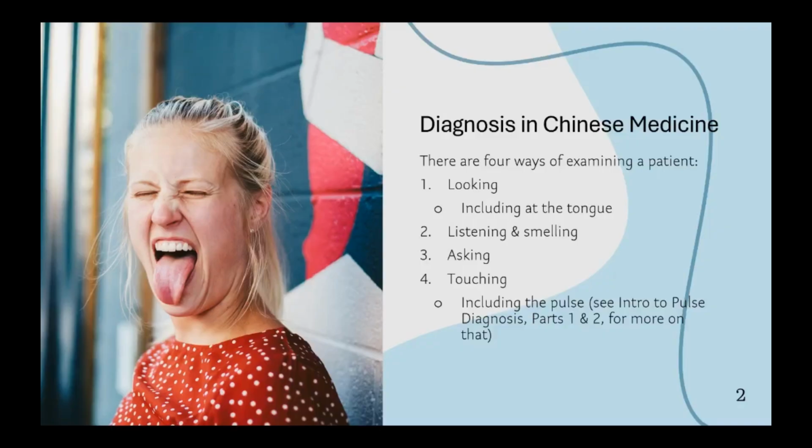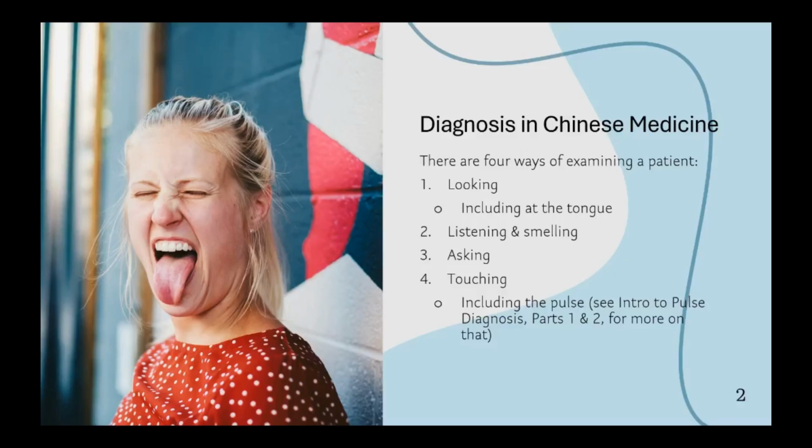And if you haven't seen those videos on pulse, you can also find them on Wu Healing's YouTube channel. If you just search for Introduction to Pulse Diagnosis, you should find those videos, or reach out if you're having trouble. So the 4 main ways of examining a patient include looking at them.